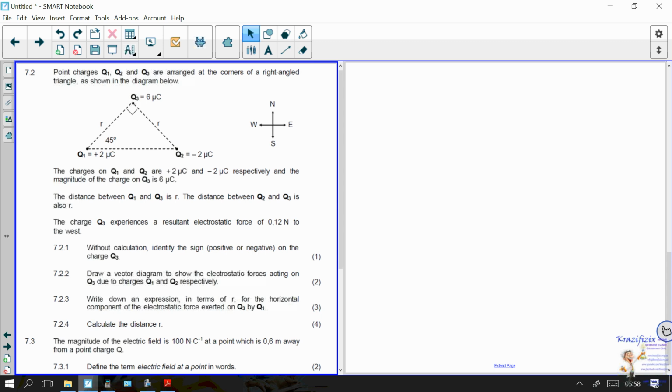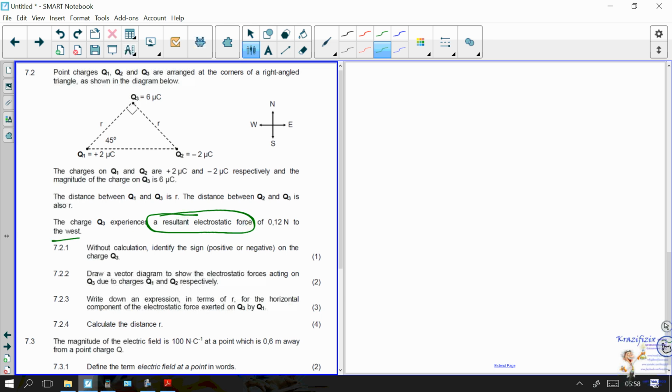The charge Q3 experiences a resultant electrostatic force of 0.12 newtons to the west, which means it comes this way. Is that fine? Now, the question says, without calculations, identify the sign, either positive or negative, on charge Q3.